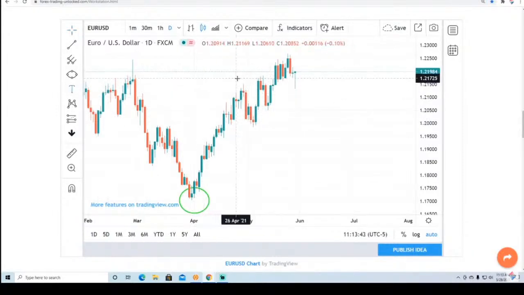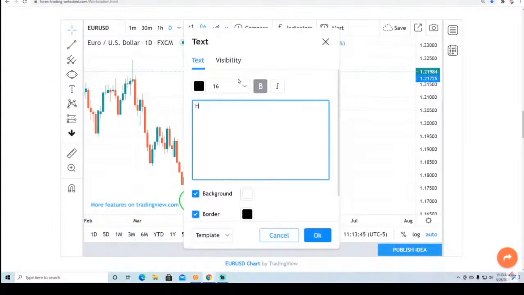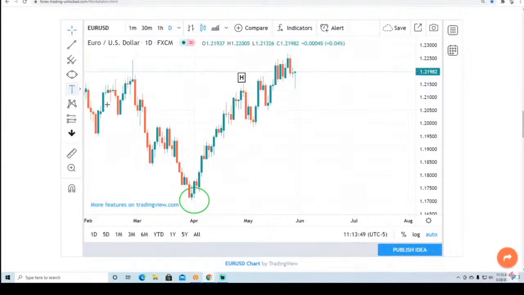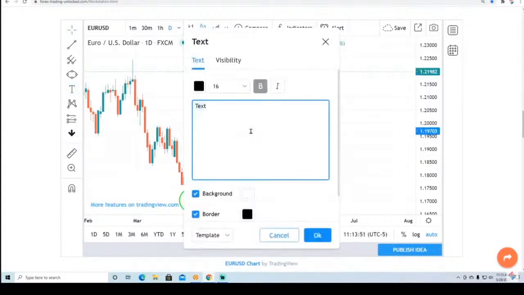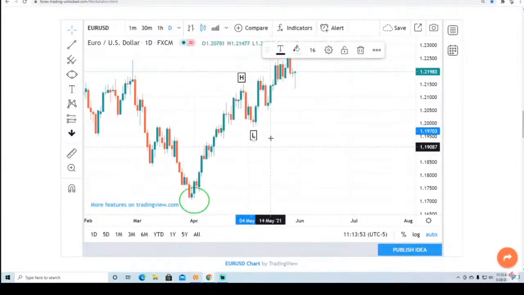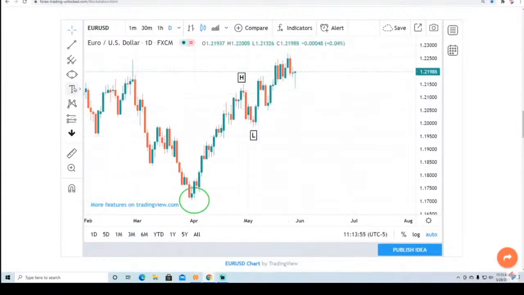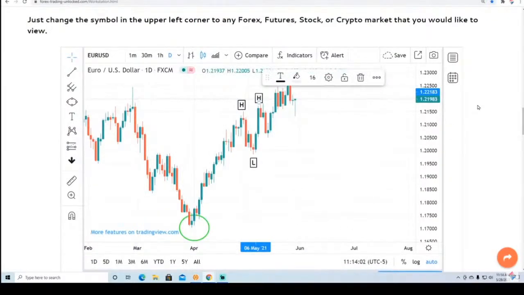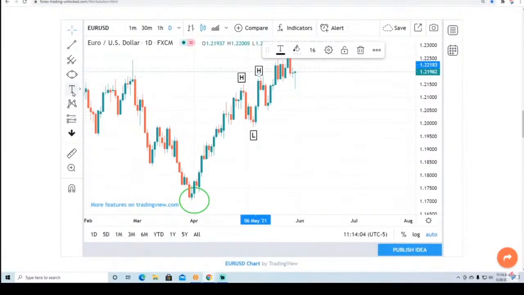It gets a little clearer as we get closer into these areas here. So for here, we have a high, and then see how we can mark with the text really easily. We have a low, and as you can see with those highlights now, it should stick out to you where these are highs and lows in the marketplace.